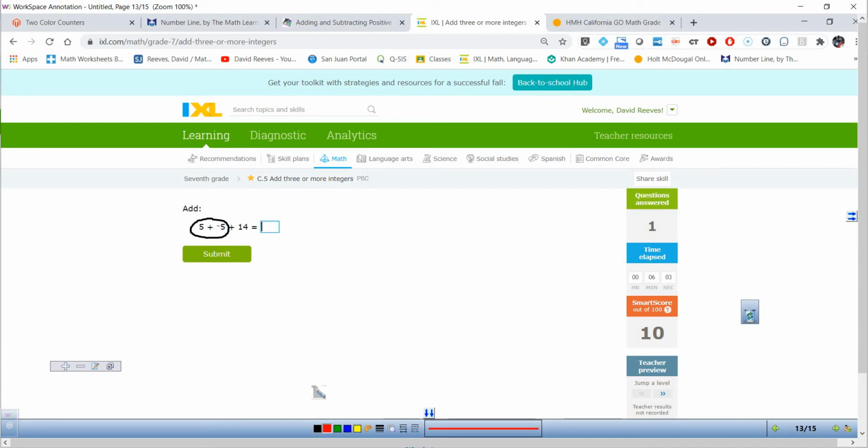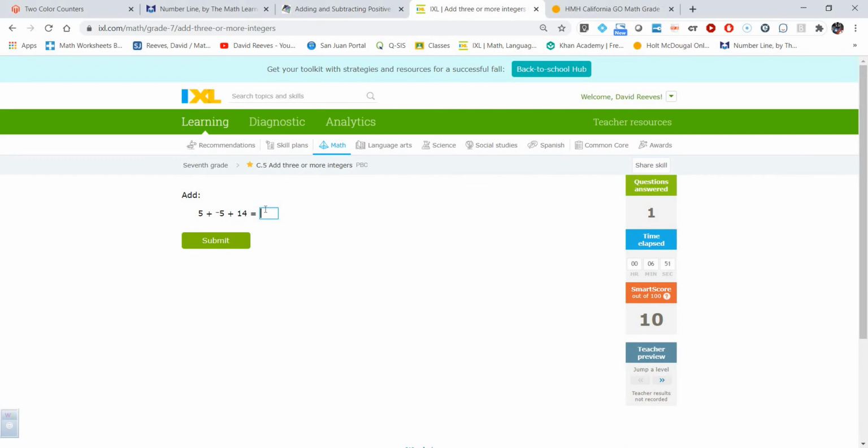They actually cancel out. So 5 plus negative 5 is 0, and then 0 plus 14, probably didn't need to write that down, we get 14. So I put in 14. Going to go to my next problem.